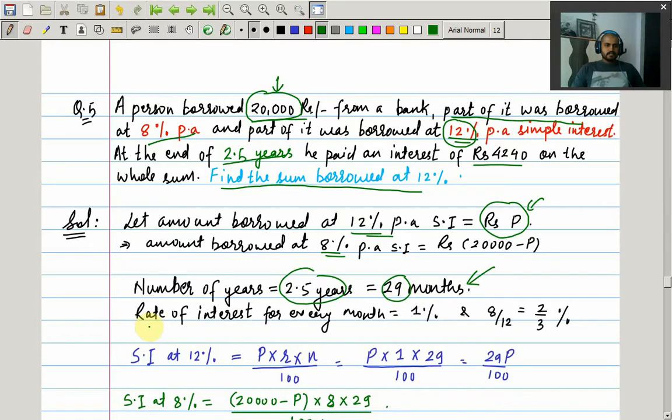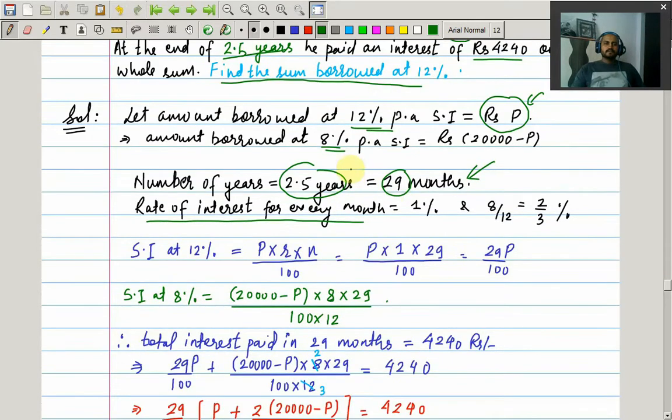Rate of interest, I have to convert this also to month wise. So one rate of interest is 12% per annum. This is for 12 months. What is for 1 month? For 1 month, 12 divided by 12, so 1%.